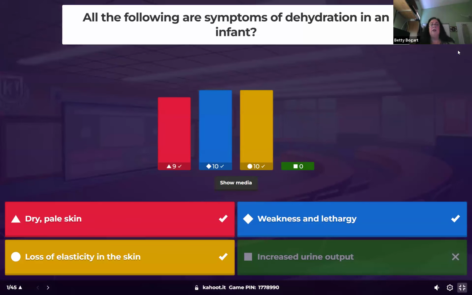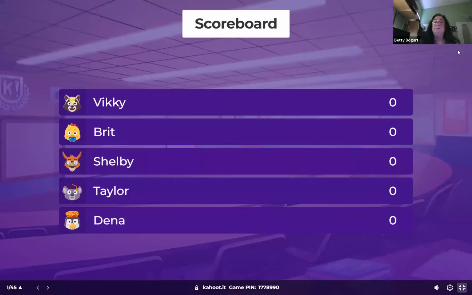So you have pale skin, loss of skin tenting, that loss of elasticity, weakness, lethargy, decreased urinary output, tachycardia, decreased blood pressure, decreased mentation. These are all the same in adults or children. Infants will just show you their fontanelle.